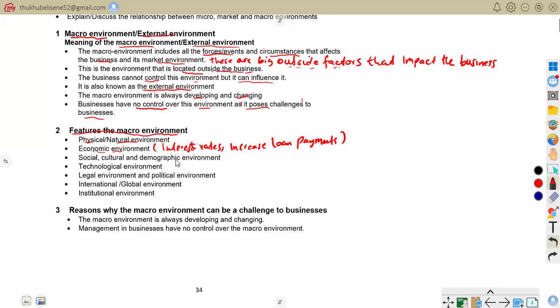For example, high interest rates increase loan payments. So if the interest rates are high, this is going to increase the loan payments.